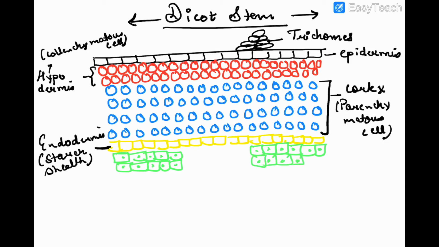This is the layer which is known as pericycle, and it consists of sclerenchymatous cells.